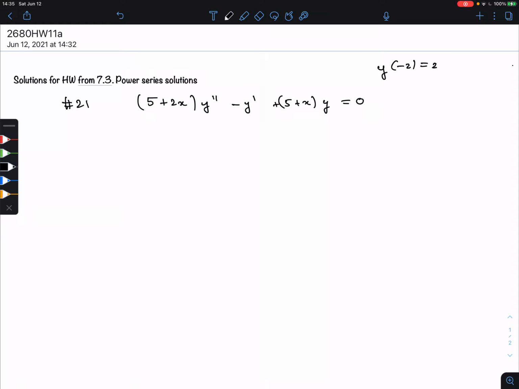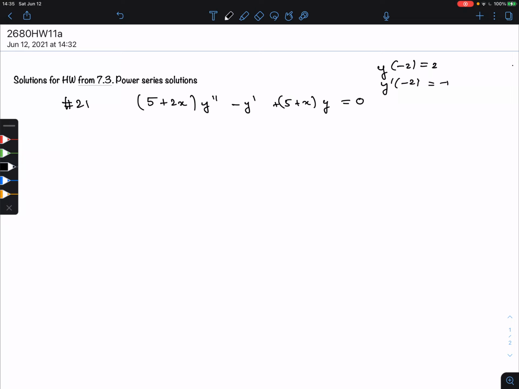Now, as they said, you have to center your power series at the given initial point. So this tells us that x0 is minus 2. The initial conditions are given at minus 2, which means that we're looking for a power series centered at minus 2.